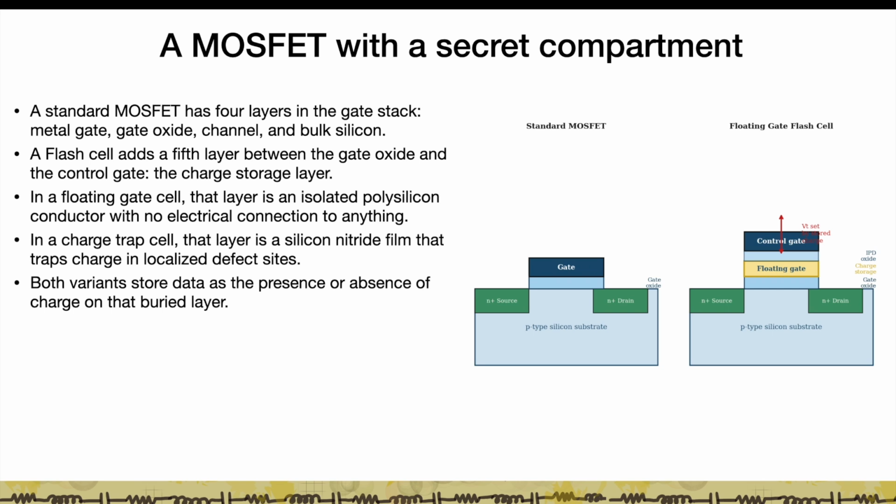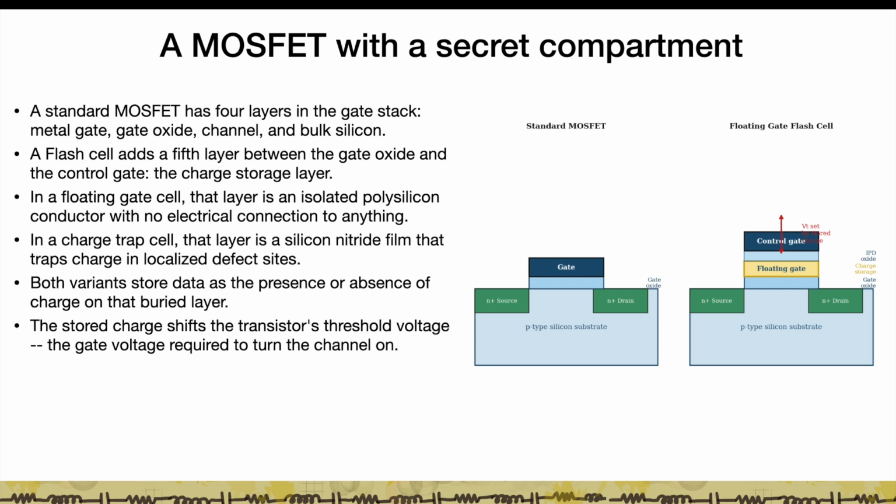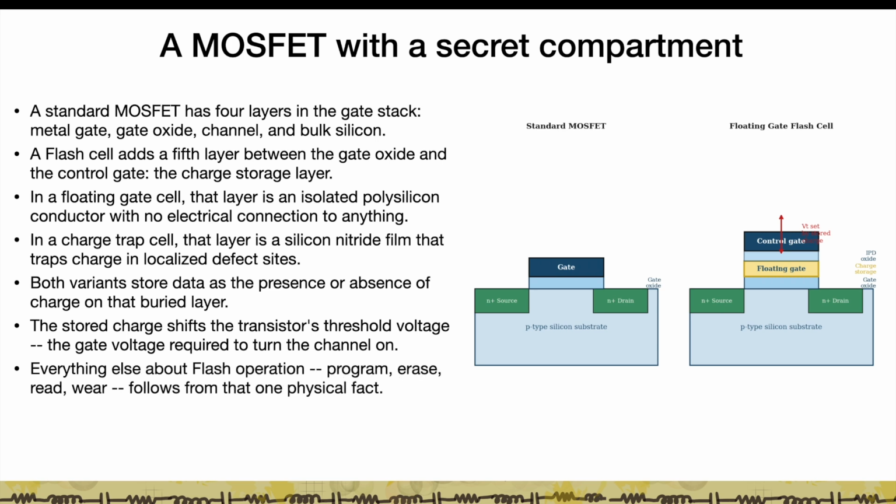The only way charge can get on and off it is by tunneling through the oxide above and below. The label floating gate is exactly descriptive. It floats electrically with no connection to the outside world. Charge placed on it stays there because there's nowhere to go without overcoming an enormous energy barrier.